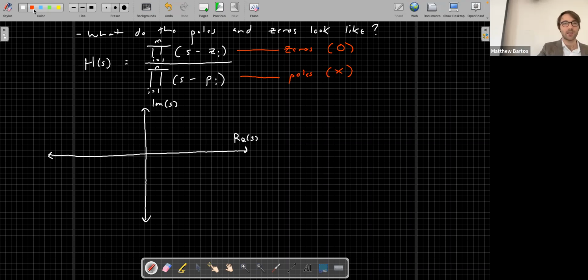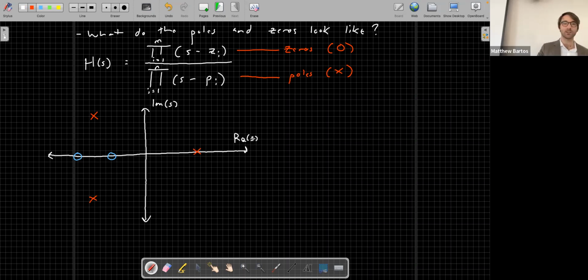And let's say we just have two zeros on the real axis. So we have a zero here and a zero here. And let's say we have three different poles, one on the positive part of the real axis, and then two conjugate pair poles on the negative side of the real axis.